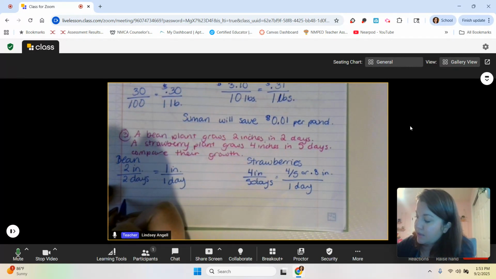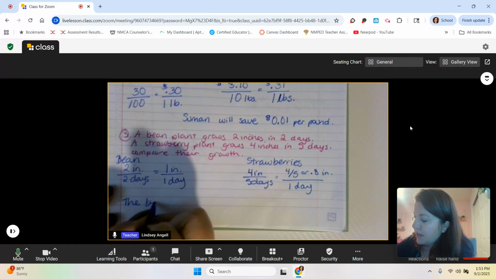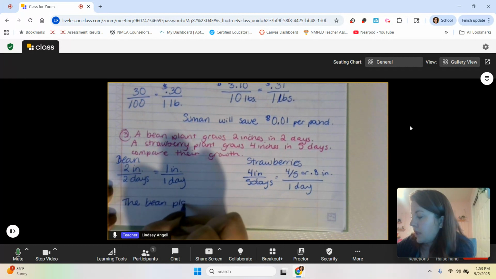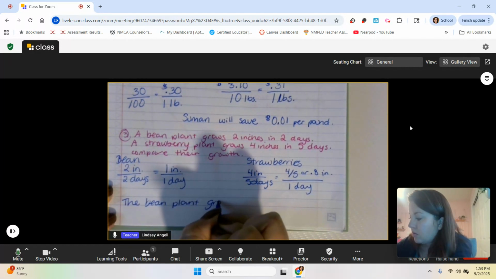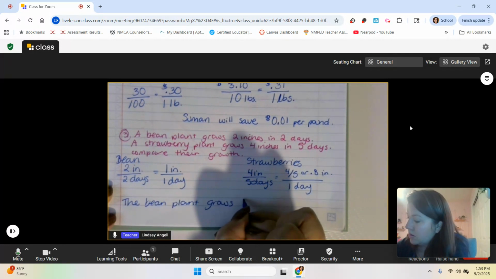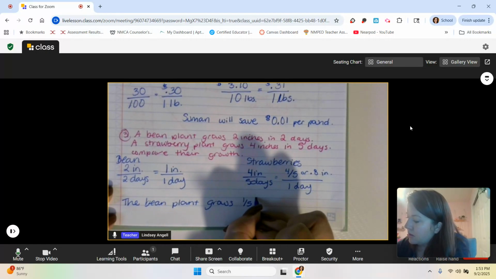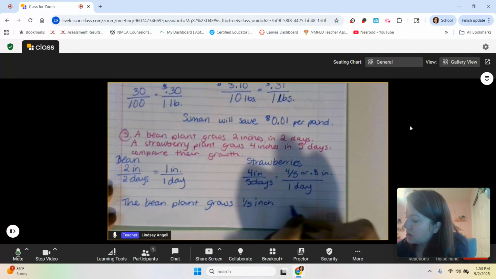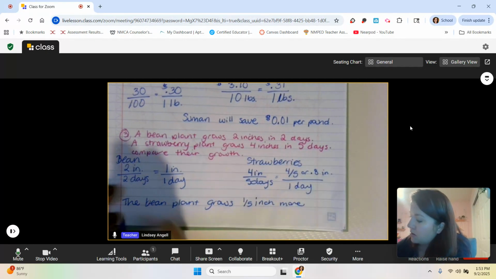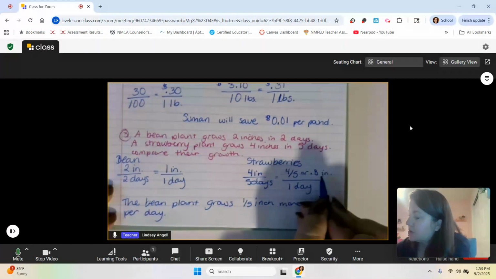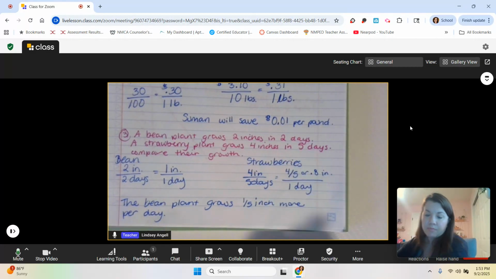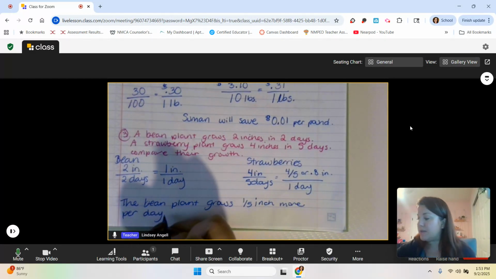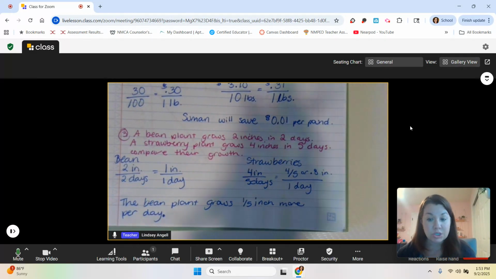So we could say the bean plant grows 1/5 inch more per day, or you could say 2/10 if you took it away from 1, with decimals as well. So that would be comparing the two of them.